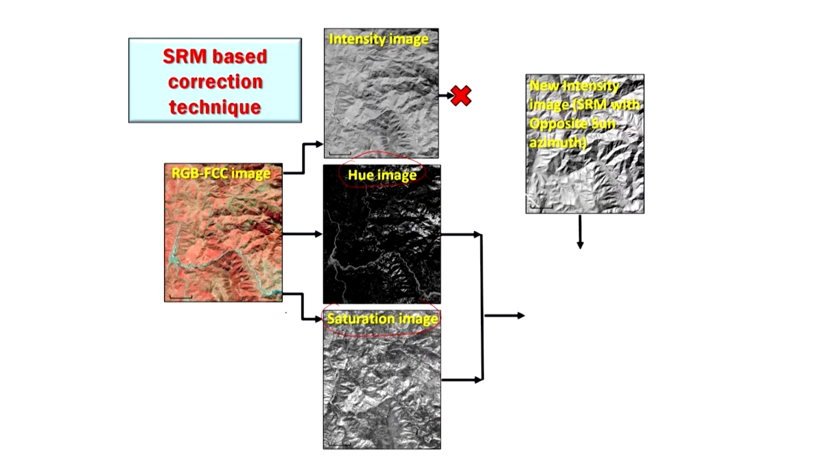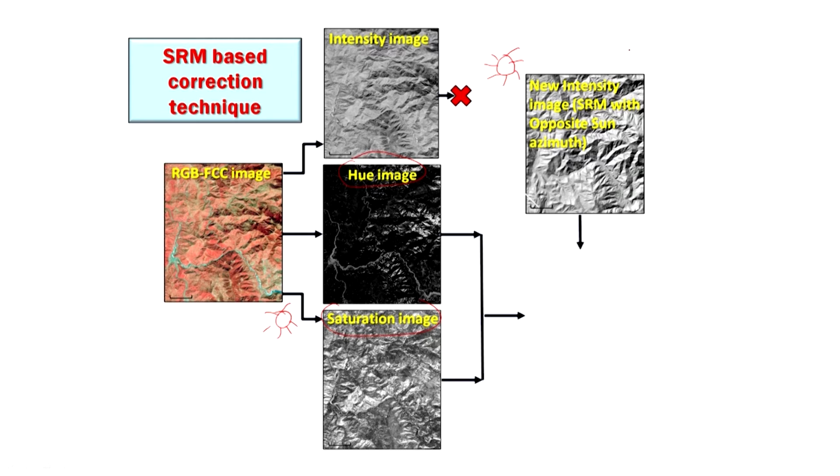Normally in satellite images, when the images are acquired in morning hours, the sun is in the southeast quadrant. But in this image, we created the simulated image with the sun illumination direction from the northwest quadrant, and by that we could get rid of FTPP, that is, false topographic perception phenomenon.